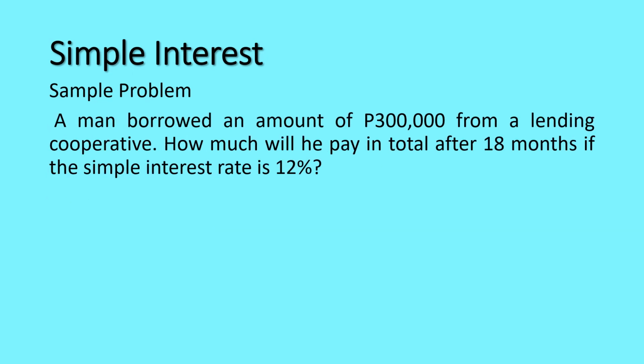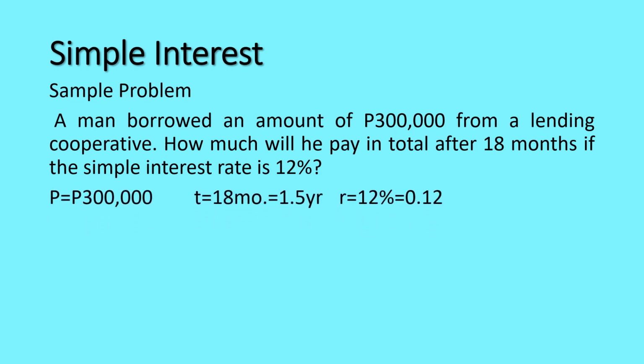Another problem: a man borrowed an amount of 300,000 pesos from a lending cooperative. How much will he pay in total after 18 months if the simple interest rate is 12%? So let us first identify the given. So the principal amount, or the amount borrowed by the man, is 300,000 pesos.